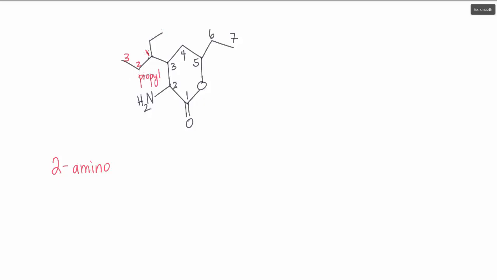Now, what is coming off of number 1? I have 1, 2. So that's going to be 1-ethyl propyl. So 2-amino, 3-dash. When we do complex substituents, we open parentheses: 1-dash-ethyl propyl.